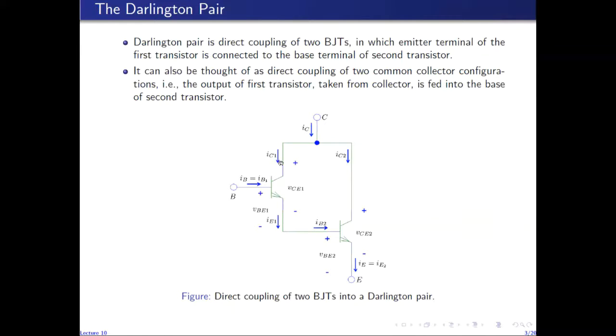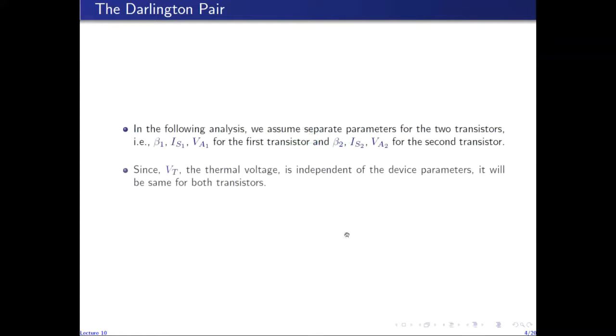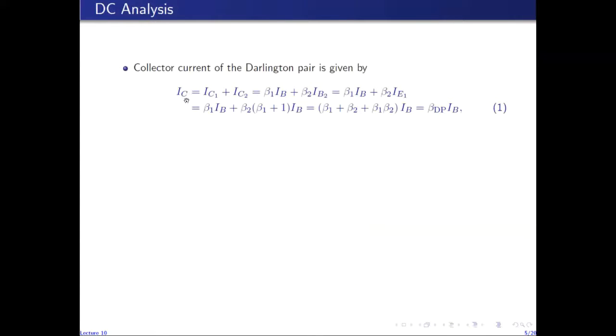Furthermore, we know that this collector current is related to the base current through beta, and the emitter current, which is the base current of the second transistor, is related again to the collector current of the second transistor through beta. So we can write the exact expression for the total collector current by writing it down as the sum of the two collector currents.